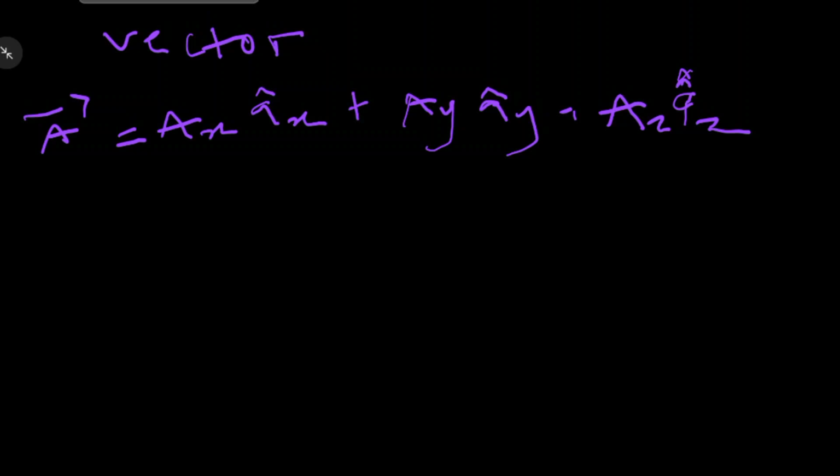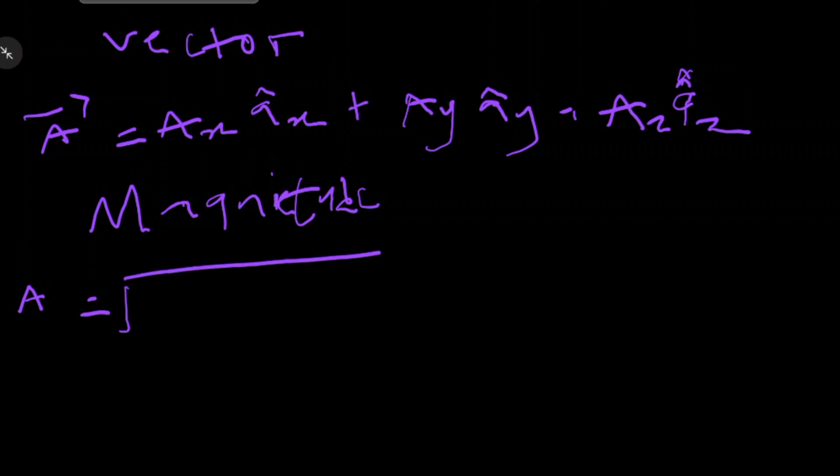And then our formula for magnitude, we have the magnitude equal to the square root of A squared x plus A squared y plus A squared z.